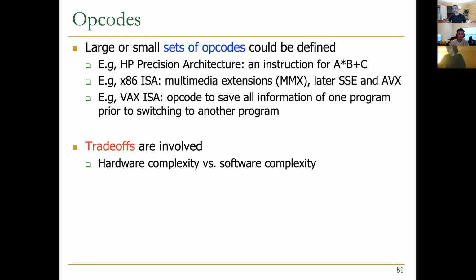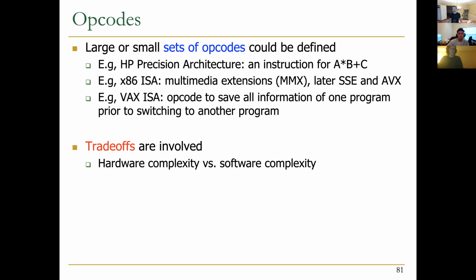But on the other hand, if we think about it from the hardware perspective, if the ISA has complex instructions, we need to put together a lot more logic gates in order to implement these instructions.